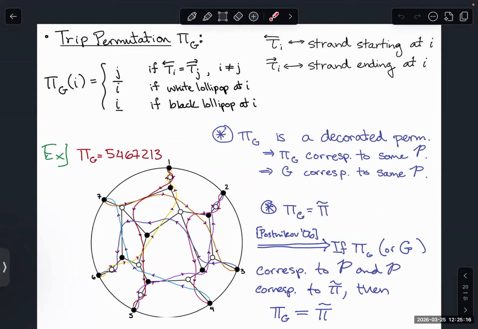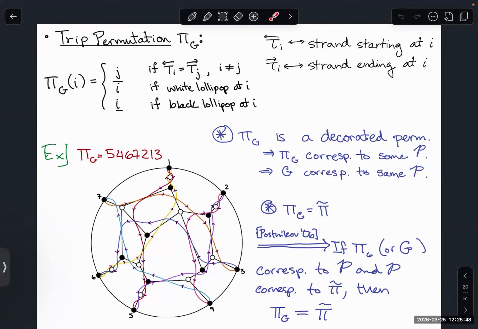In our trip permutation, if a strand starts at vertex I, traverses edges, and ends at boundary vertex J, where J is different from I, then we write that pi of I goes to J. If we have a white or black lollipop, then our trip permutation has a fixed point, and we decorate white lollipops with the overline and black lollipops with the underline.